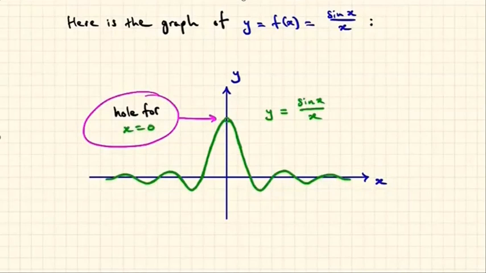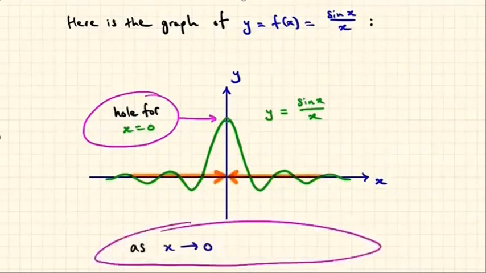As x approaches 0 from either side, y = sin x over x approaches 1. Because the limit exists as x approaches 0, we can fill in the hole and then adjust the rule for the function, which remains sin x over x for non-zero x.